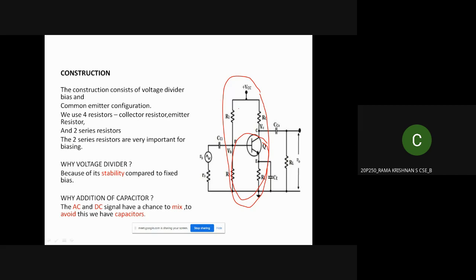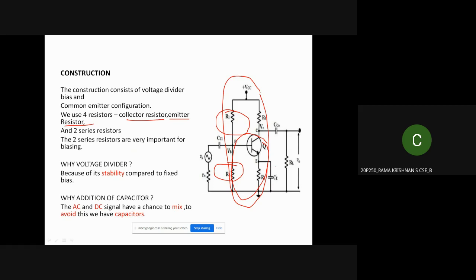In the voltage divider configuration, we'll be using 4 resistors: collector resistor, emitter resistor, and the 2 series resistors that play an important role for biasing, that is R1 and R2. There might be a question in your mind: why voltage divider bias configuration? Because if we compare voltage divider bias with fixed bias, there is a difference in stability. The stability of voltage divider bias will be much better than fixed bias.